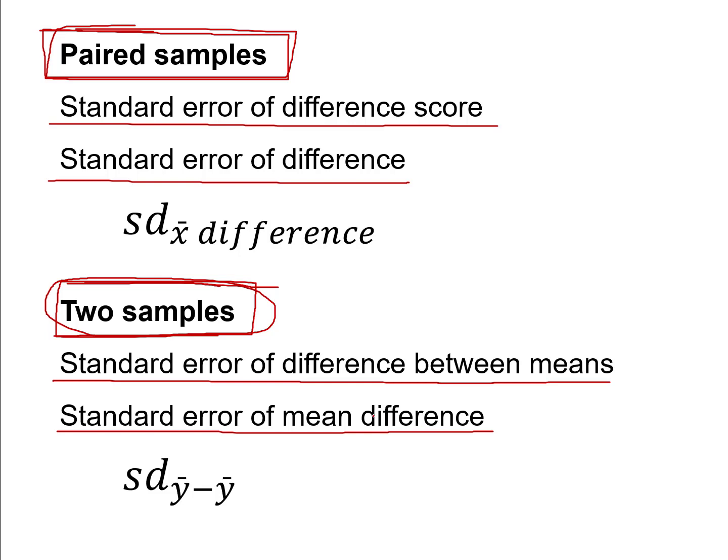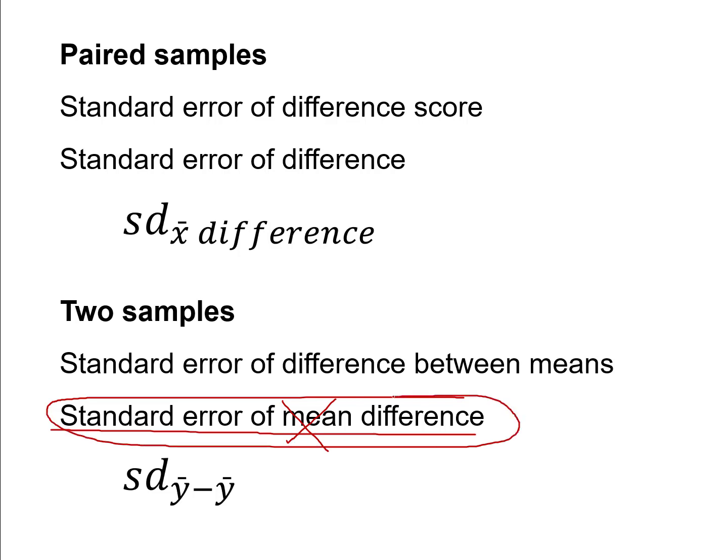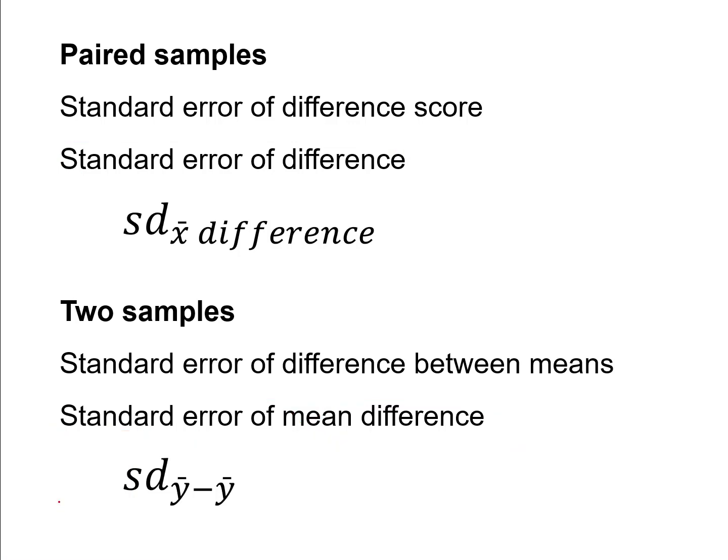Now, this can be a little bit confusing because these terms all sound rather similar to each other. And moreover, I could potentially say the standard error of mean difference and maybe forget to say the word mean. And at that point, I'd be using the exact same language to describe the standard error of a difference between means that I'm using to describe the standard error of a difference score. So how can you keep these standard errors apart from each other? Probably the easiest way to distinguish between them is to simply pay attention to context.